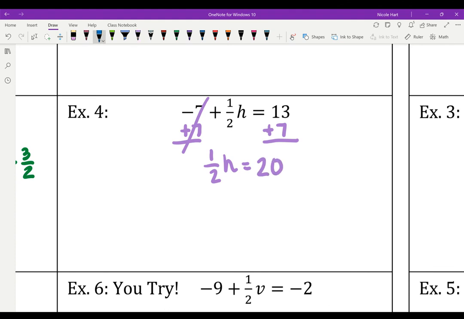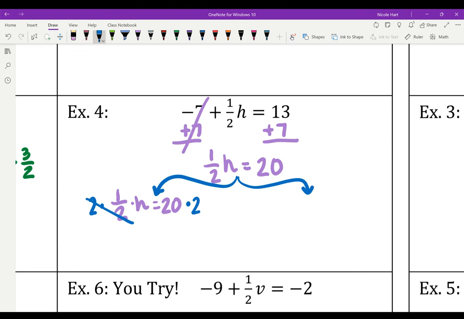And then we need to get the 1/2 away from the h. And again, like the previous problem, you can do this in two ways. You can do that 1/2 times h equals 20. And we can get the 2 out from underneath the bottom by multiplying by 2, multiplying by 2.